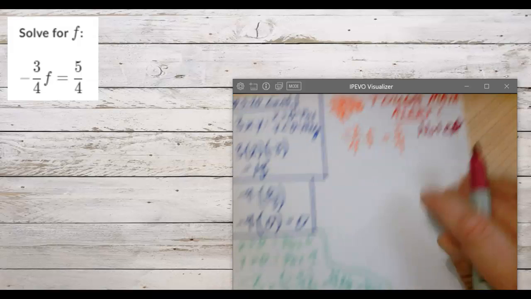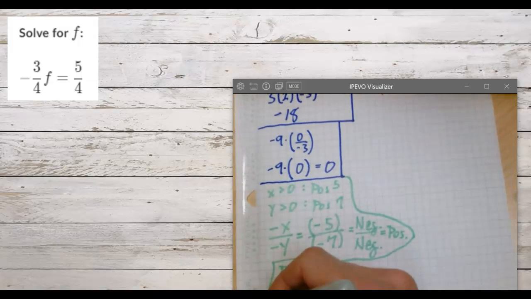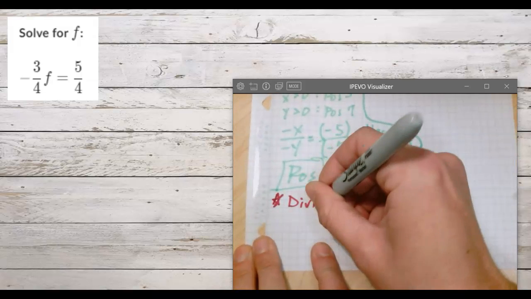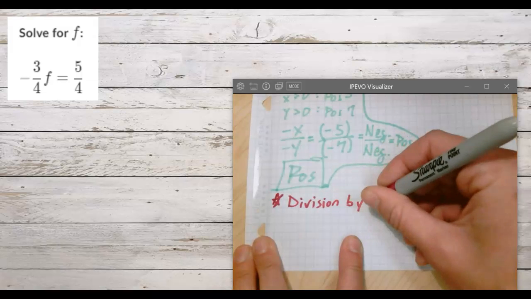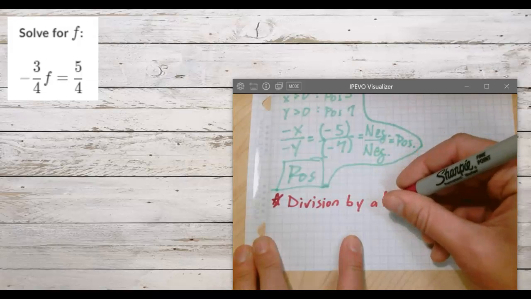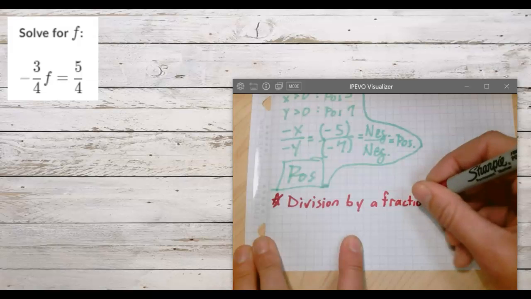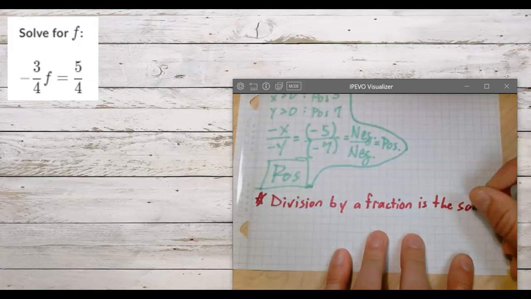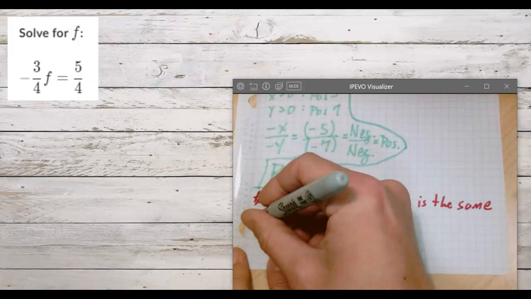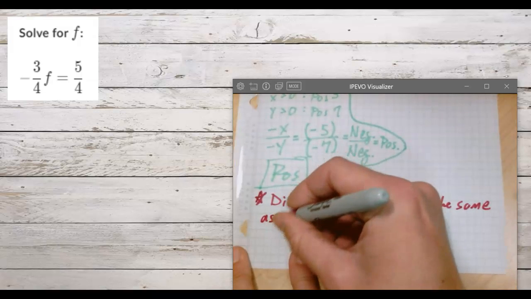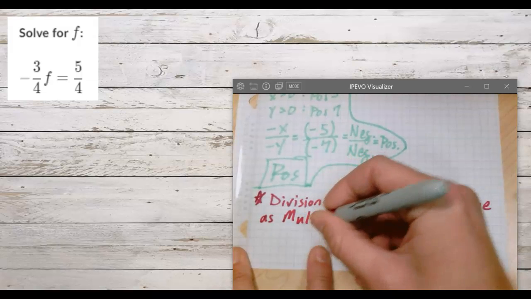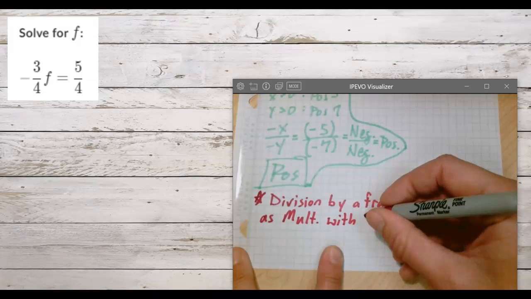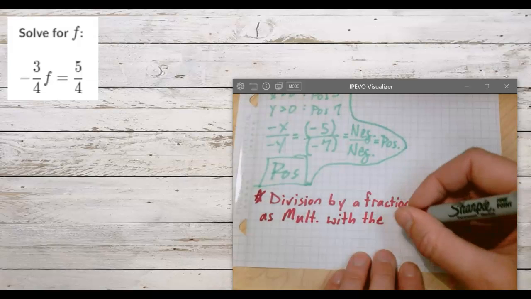You could make it right here if you want, but I'm going to come down here and say: division by a fraction is the same as multiplying with the reciprocal.